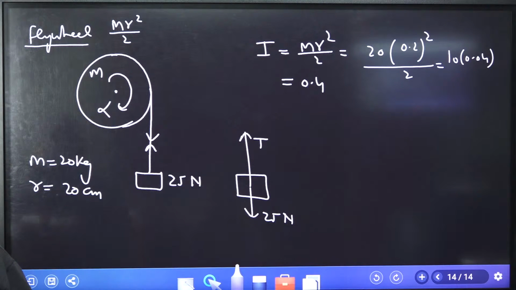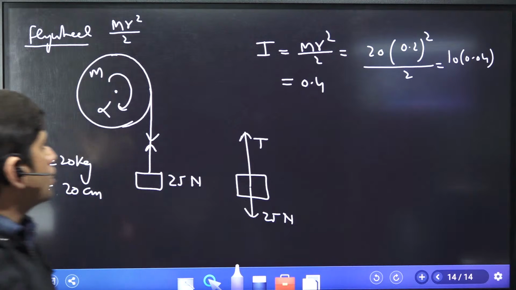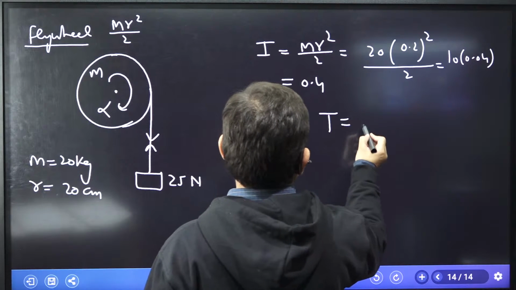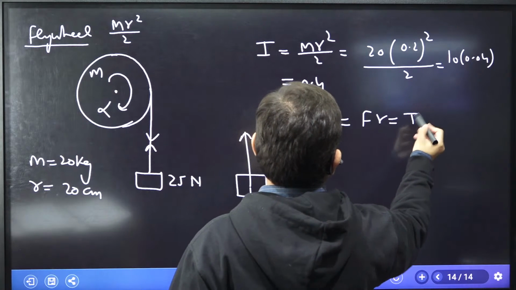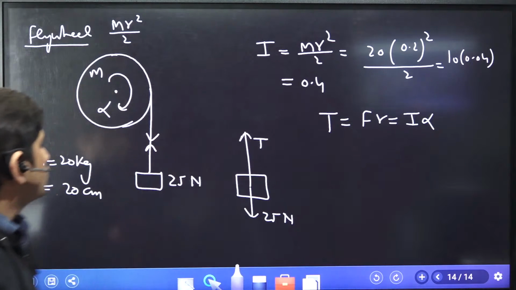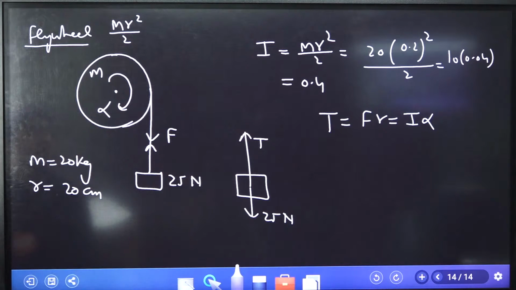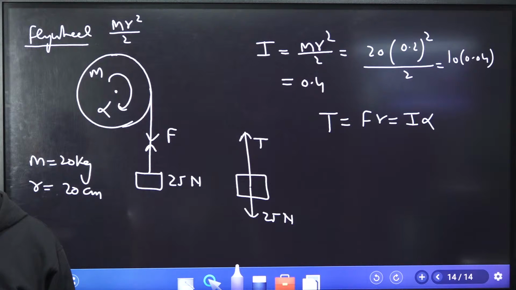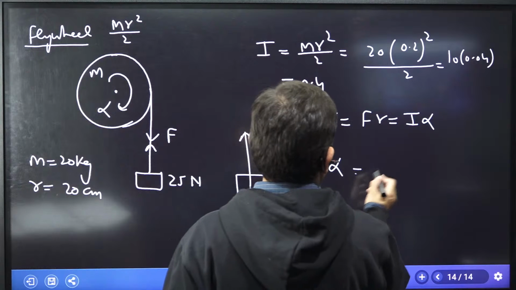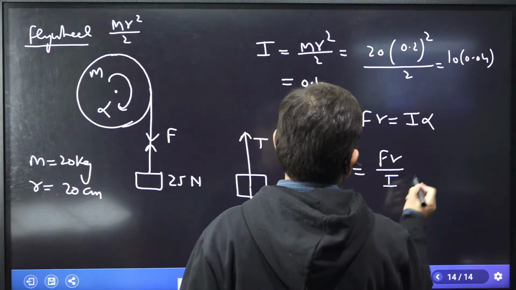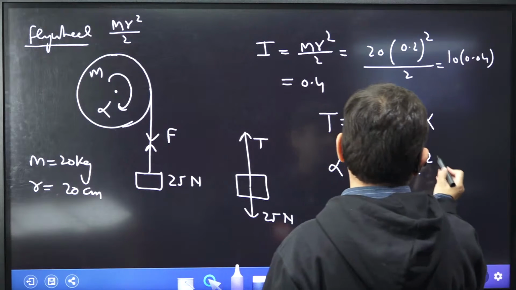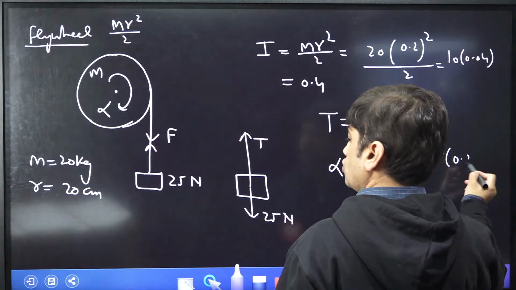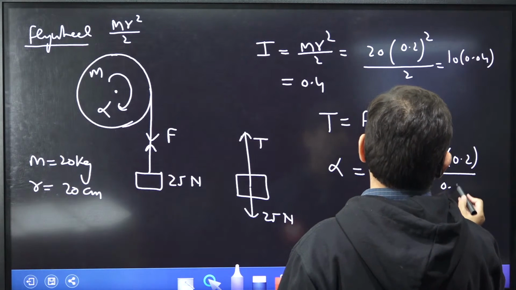Now this torque is equal to the torque which you are applying. It is equal to F into R is equal to I into alpha. So what is F? F is this force, which is the tension acting at the particular moment. Then alpha can be obtained as Fr over I. So 25 into 0.2 over I which is 0.4.